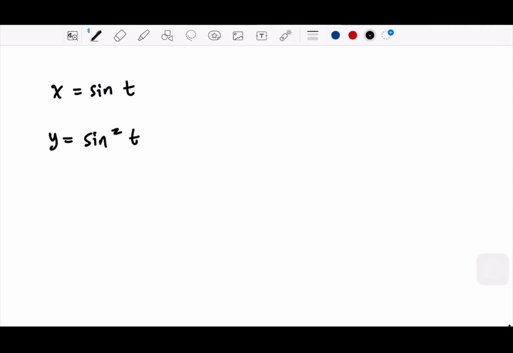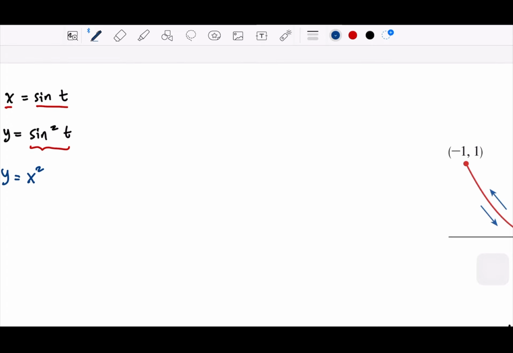Now imagine that if we eliminate the t, sine t is x. So this is another sine t here. So we could write and conclude that y is equal to x squared. So this is pretty much just y equals x squared.